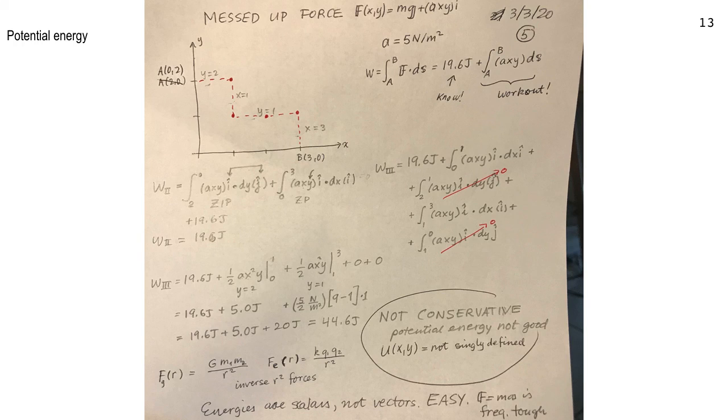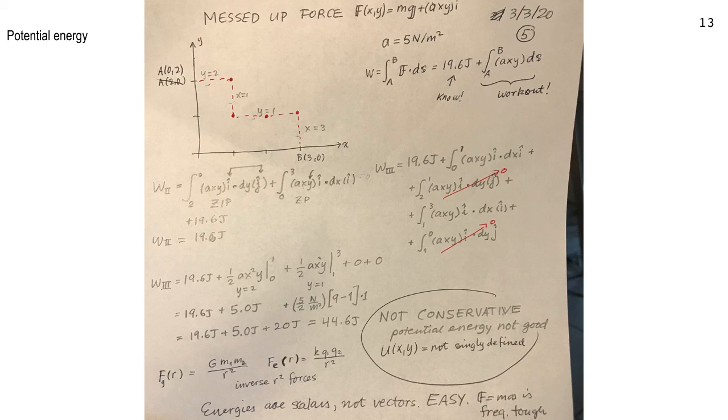And so it's pretty important. This whole idea right down here, is it conservative or not? It's pretty important. And the reason it's important is energies are scalar. They have trig in them, but working with an energy formula, it's going to be a scalar formula.